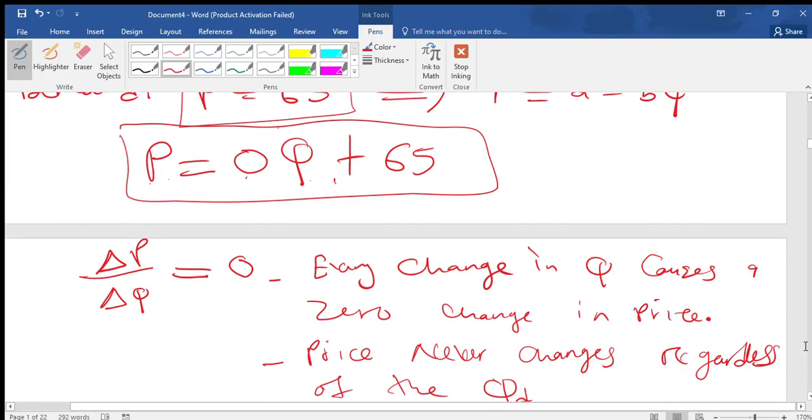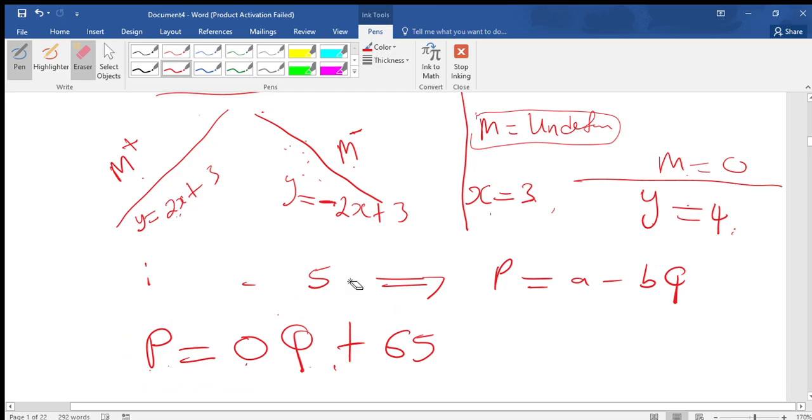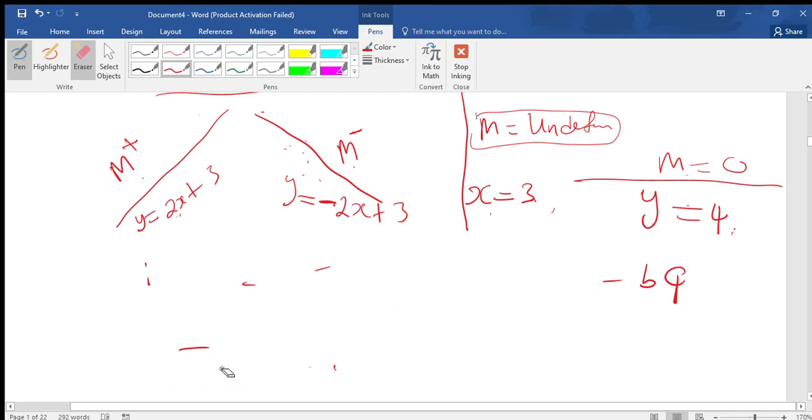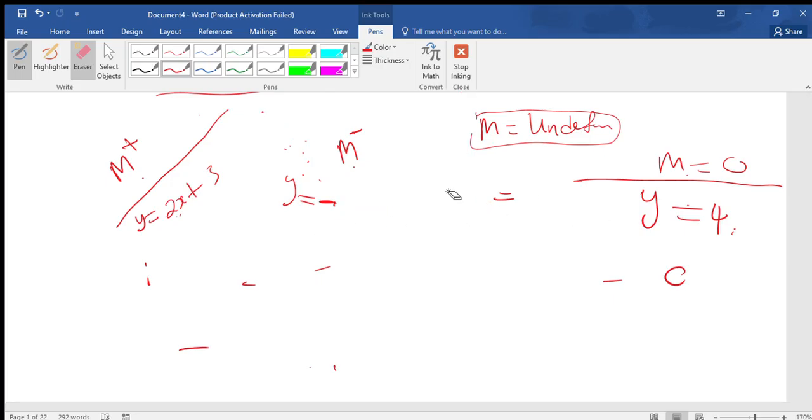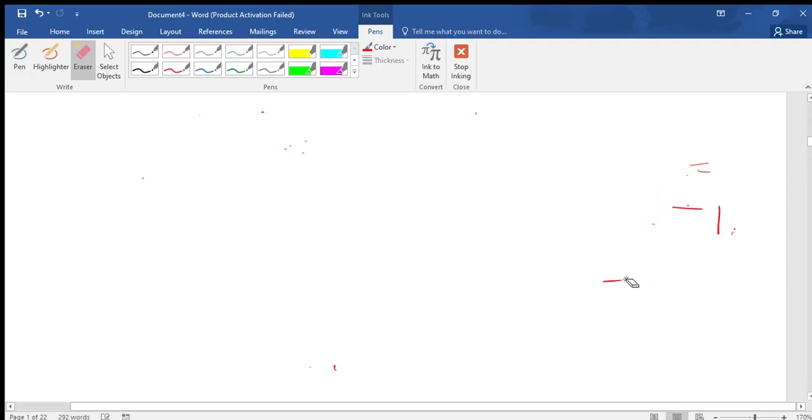So plotting this, let me just delete somewhere here. So if I want to plot this, regardless of the quantities, this is my y-axis and the x-axis.